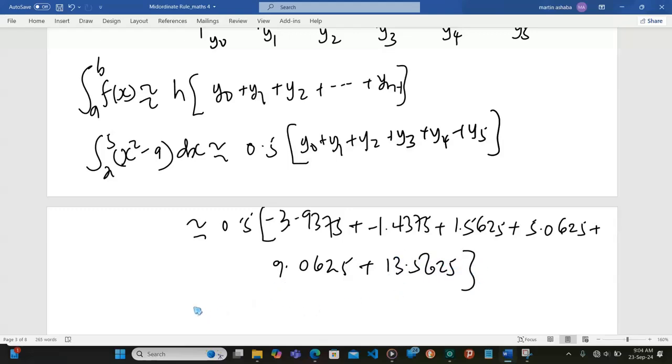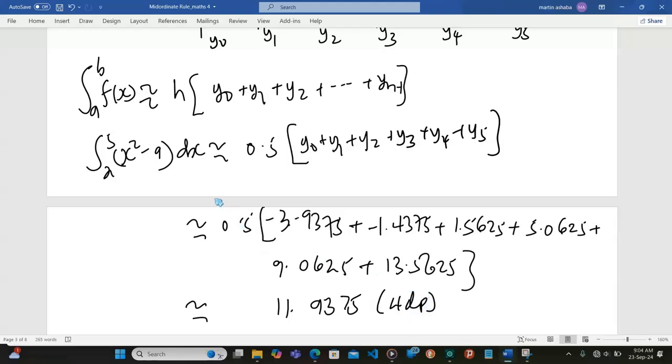When I calculate this, I get my area. My final answer is 11.9375, to 4 decimal places.